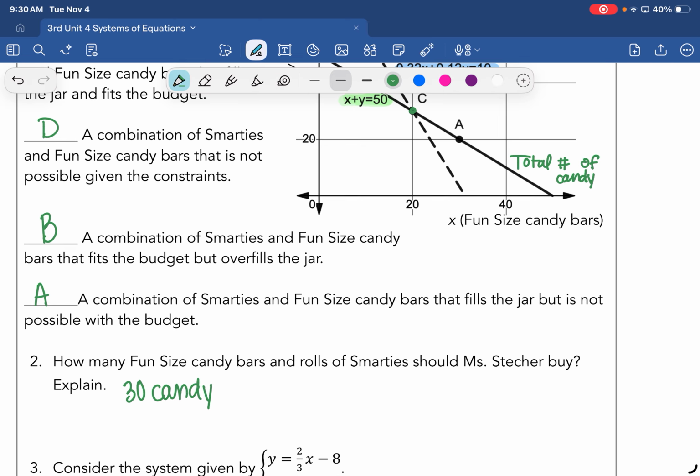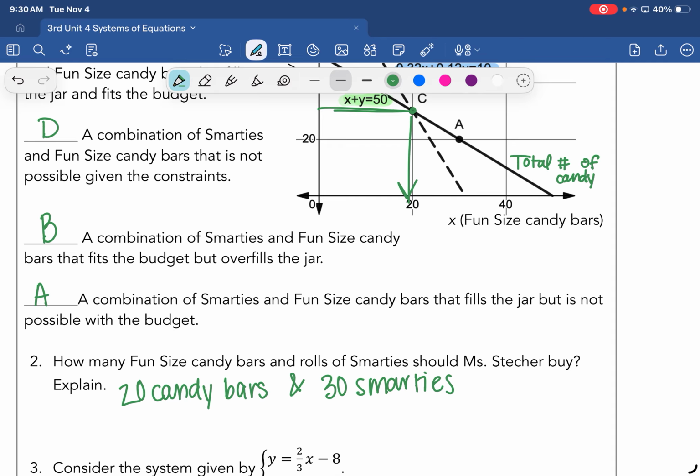Or not 30. What is that? 20 candy bars and how many Smarties? 30 Smarties. Because that is roughly where that point is at. 20, 30.